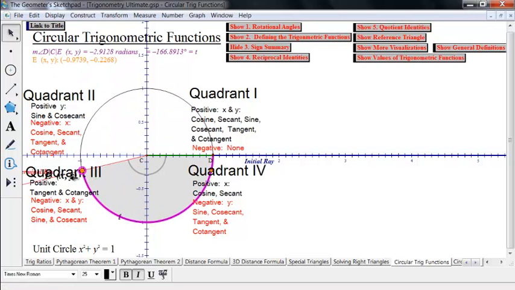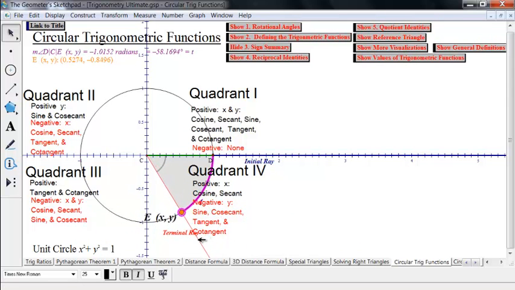If you're in quadrant 3, down here, we see that nothing's positive for x or y. Of course, r is always positive. Both x and y are negative, so when they divide, they cancel. So both tangent and cotangent are positive. Negative for x and y, so cosine, secant, sine, and cosecant are all negative.